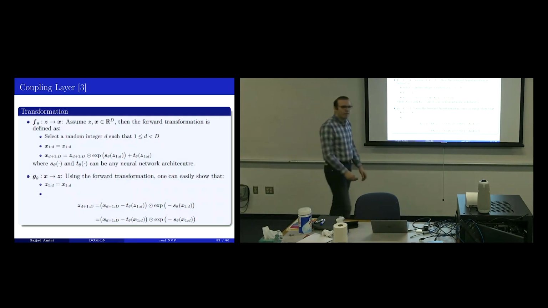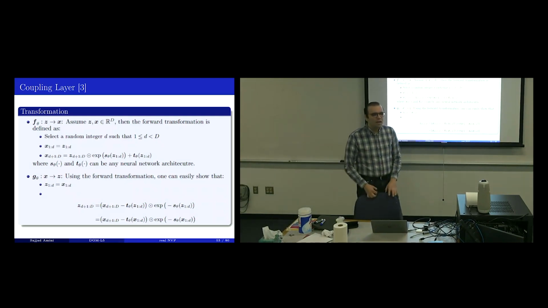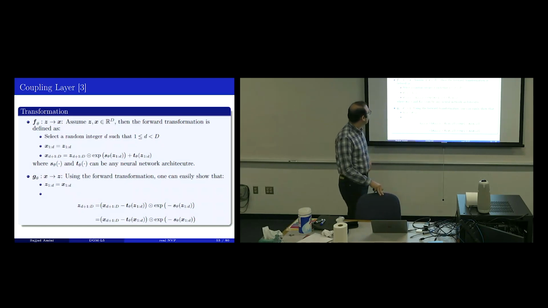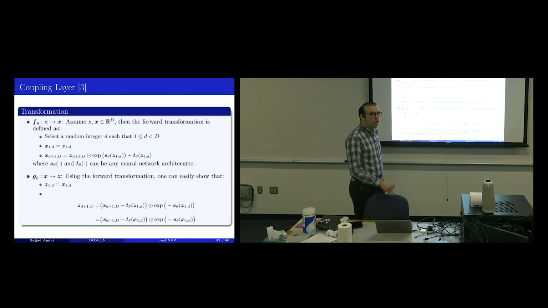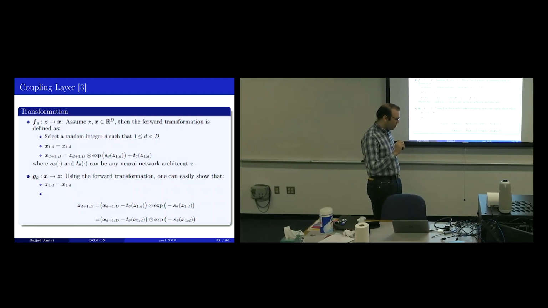Yes? Why do these architectures use a random d, and then a series of different layers? Doesn't that mean the elements at the end of the feature vector are transformed more than those at the beginning? Oh no, that's not the case.